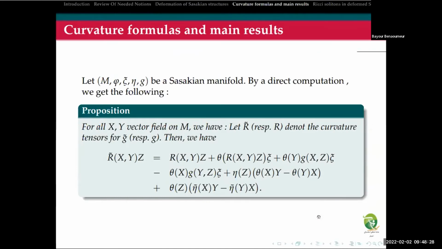Curvature formulas and main result. Let (M, phi, xi, eta, g) be a Sasakian manifold. By direct computation, we obtain the following proposition, which gives the relation between R tilde and R, where R tilde and R denote the curvature tensors of g tilde and g.